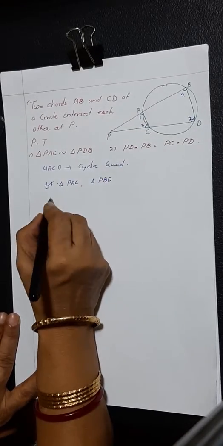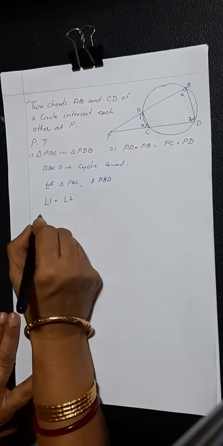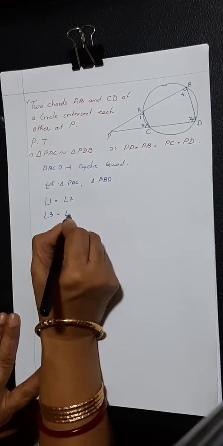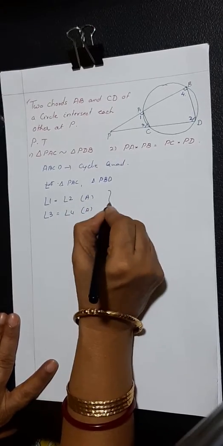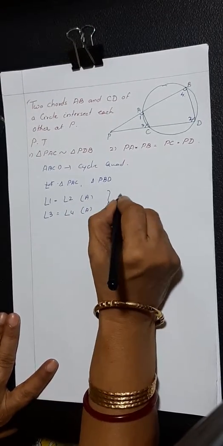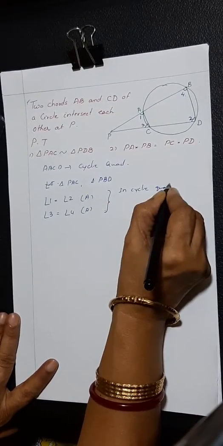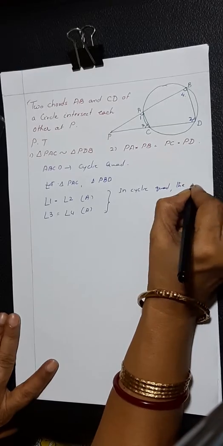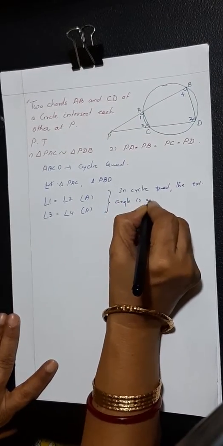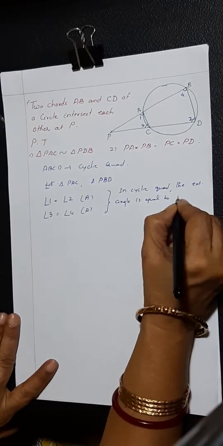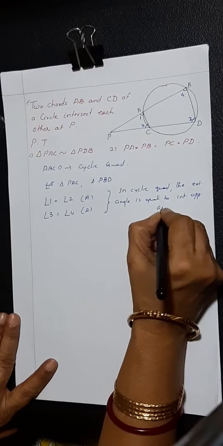In these triangles you can say angle 1 is equal to angle 2 and angle 3 is equal to angle 4. The reason is that in a cyclic quadrilateral the exterior angle is equal to the interior opposite angle.